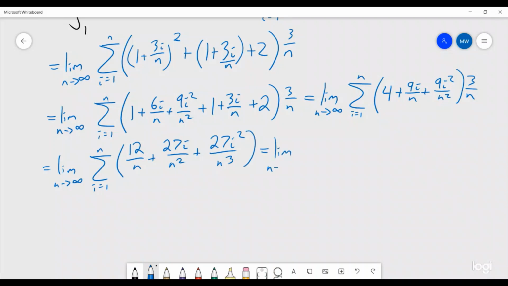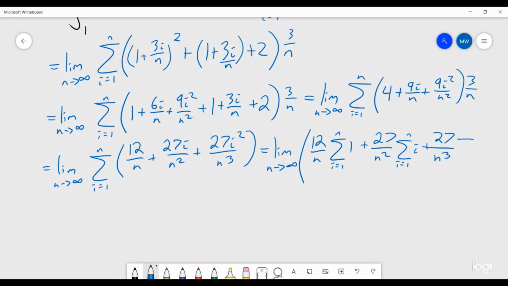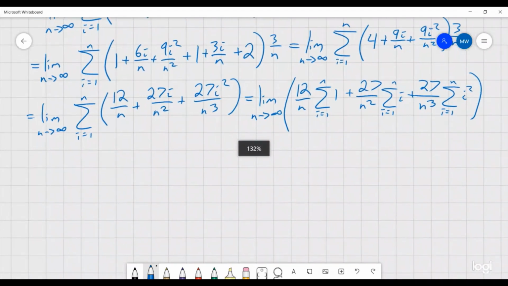We have the limit as n goes to infinity of, we have a 12 over n times the sum from i equals 1 to n of 1, plus a 27 over n squared sum from i equals 1 to n of i, plus a 27 over n cubed sum from i equals 1 to n of i squared. We know what each of those sums are, so we can evaluate that.